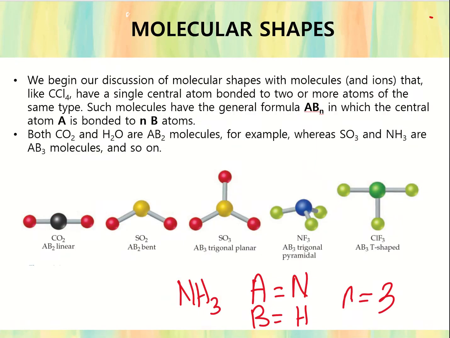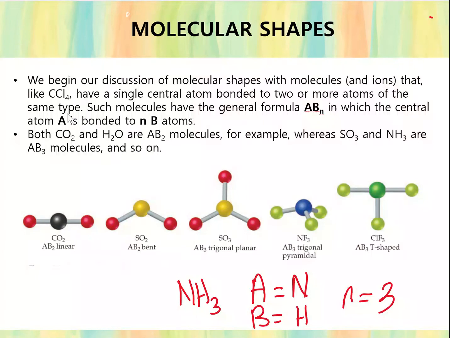So continuing our conversation about molecular shape, we look at the shapes of various molecules and ions, such as the carbon tetrachloride that we just saw, which have a single central atom. So our single central atom was carbon for this example.